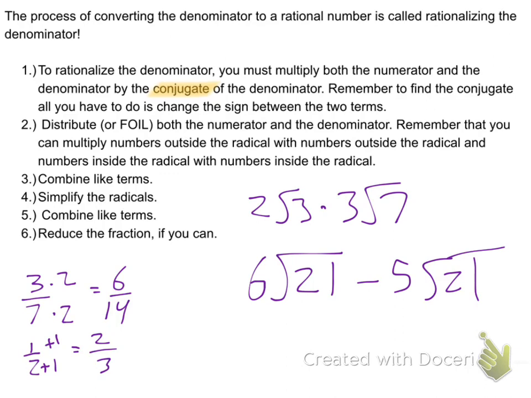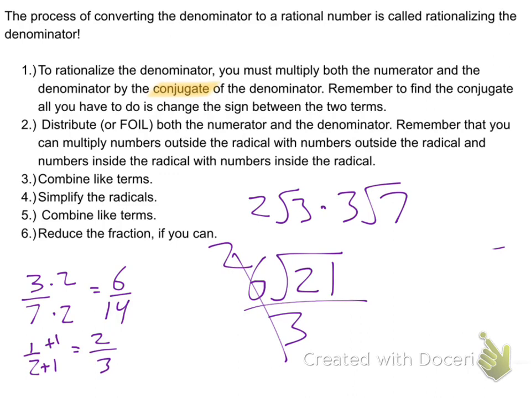Take them to the dance. Simplify them. Combine like terms again. Reduce the fraction. So, if by chance you had 6 square root of 21 over 3, it would become what? 2 square root of 21, because I could reduce this to a 2.